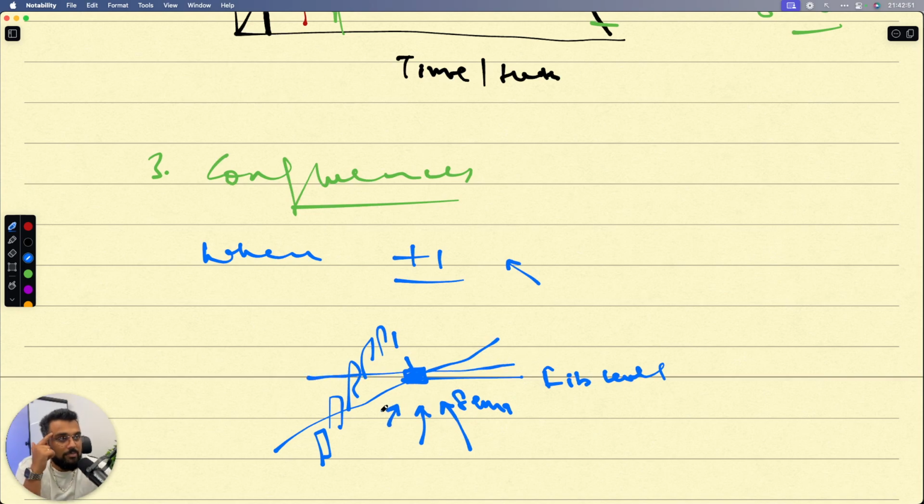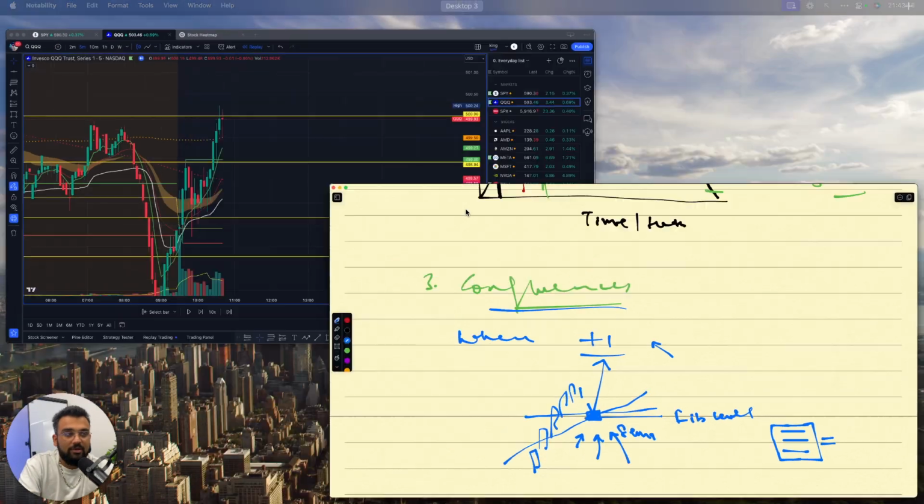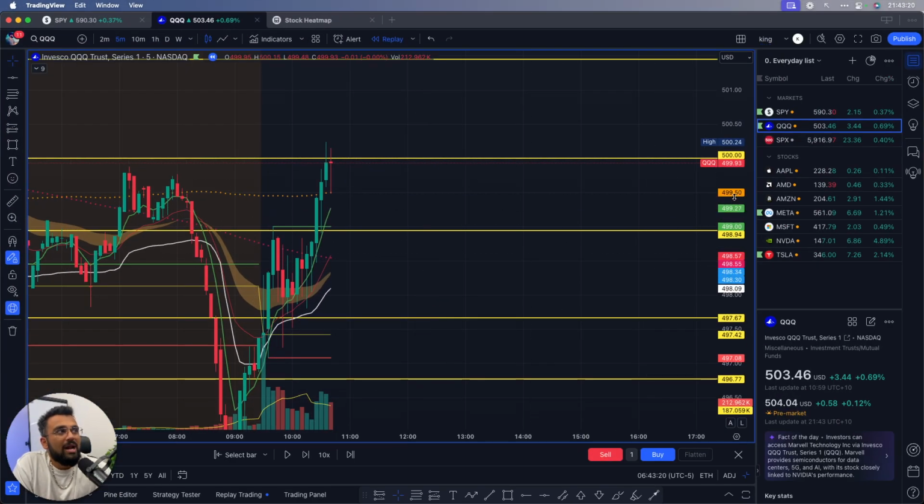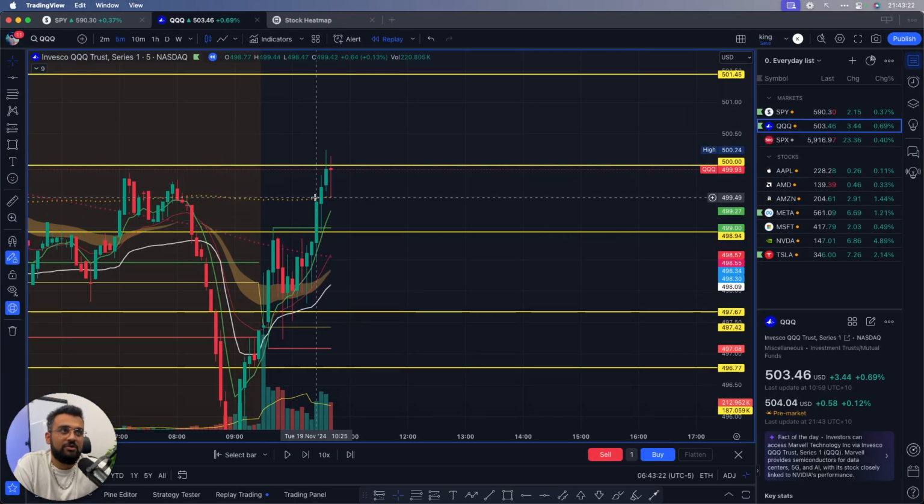People who trade hourly level breaks and bounces are jumping in. People who trade 8 EMA bounces are jumping in. People who trade Fibonacci's are jumping in. When all these people are jumping in, the demand increases, and hence it makes a big move. That's why you always want to look for high areas of confluence where most of the people can jump in.